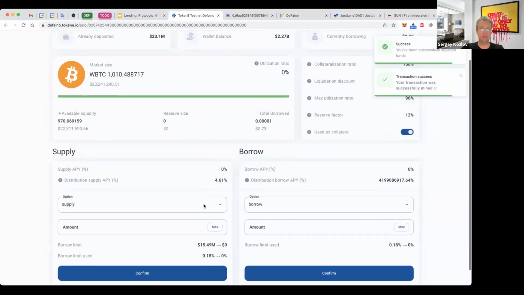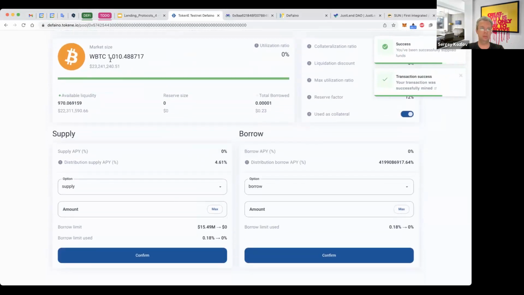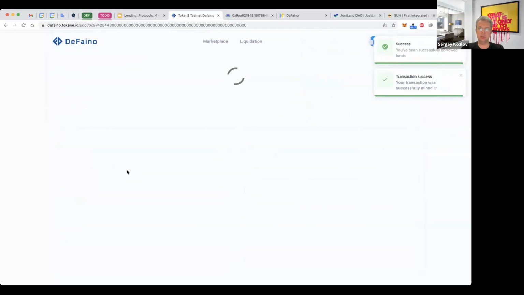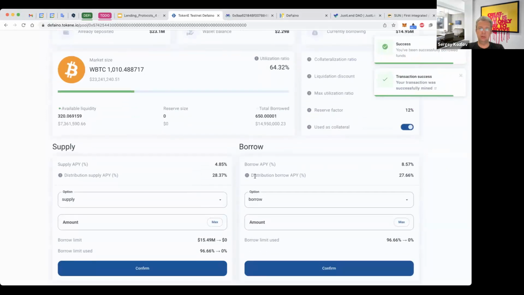Of course, after I provided even more Bitcoin, it's almost the same, but as soon as I want to have a loan, let's say this amount, what we will have in the end is a different utilization ratio and different interest rates in Bitcoin, and a different additional liquidity farming APY.